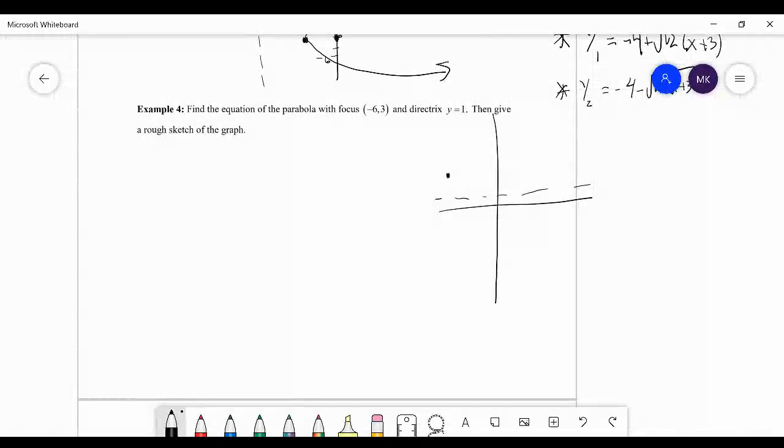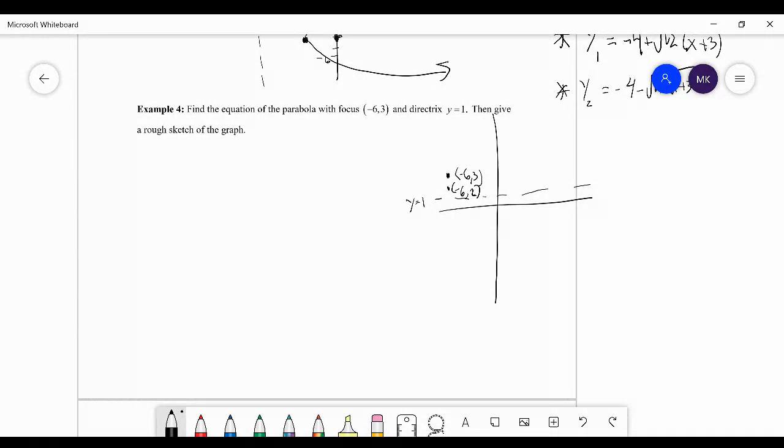So since I know this is y equals 1, and this is the point -6, 3, halfway between there is going to be our vertex. And our vertex in this problem is going to be at -6, and halfway between y equals 1 and 3 would be -6, 2.